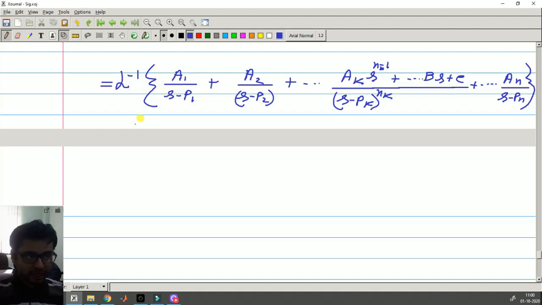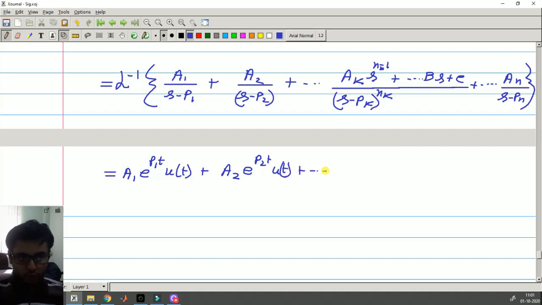The first term will give you a1 multiplied with e to the power p1 t u(t), then the next term will give you a2 e to the power p2 t u(t), and so on.